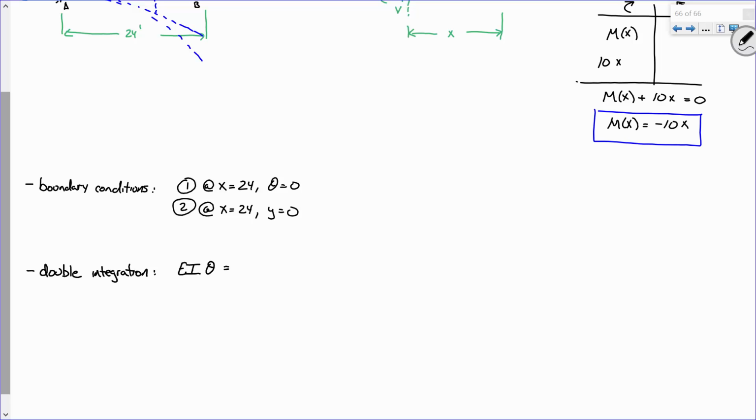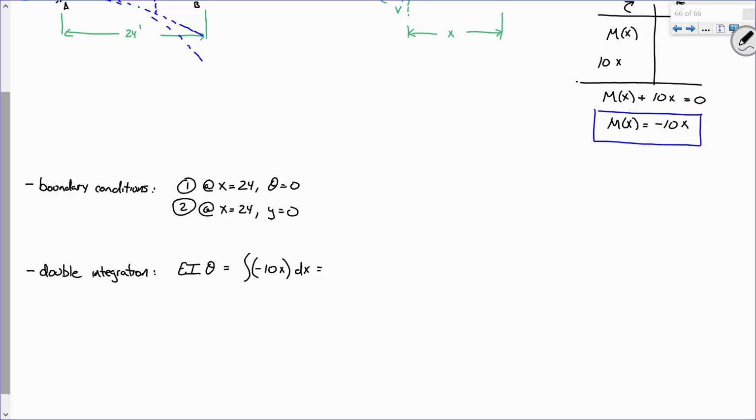Gotta love it, right? Now, we do one integral to get the slope function, which is the integral of minus 10x dx. So what's the integral of minus 10x? Well, we factor out the negative 10, and what's the integral of x? X squared over 2.